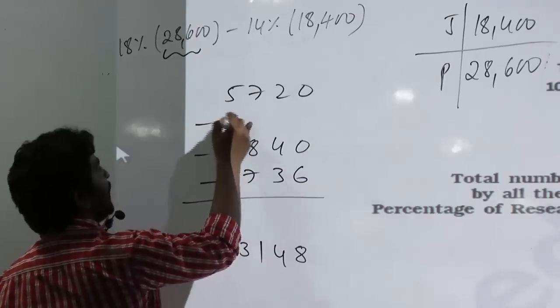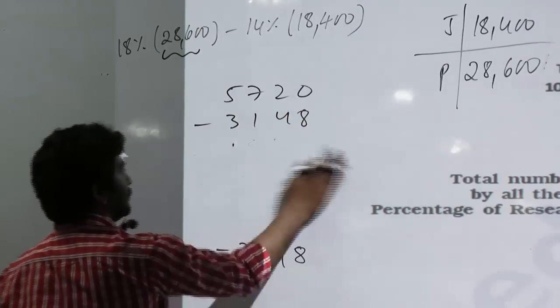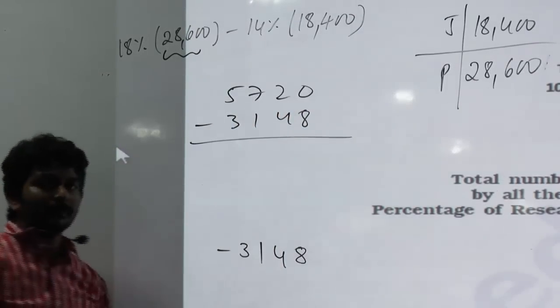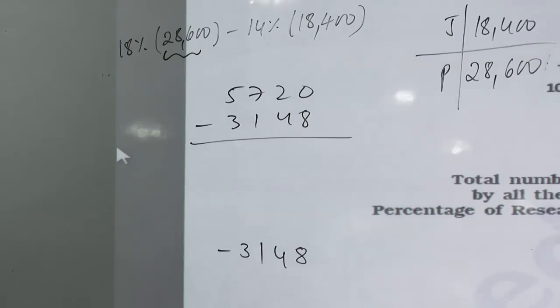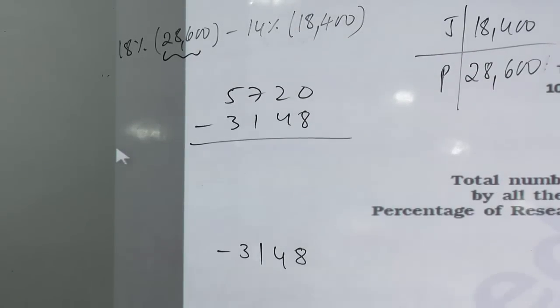From this you need to subtract 3148. ఆన్సర్ ఇందాక వచ్చింది ఎంతో, 25. అదే. నెక్స్ట్ 64.